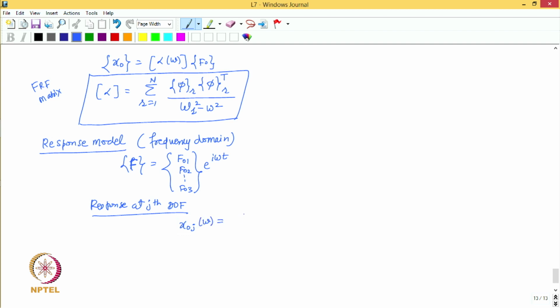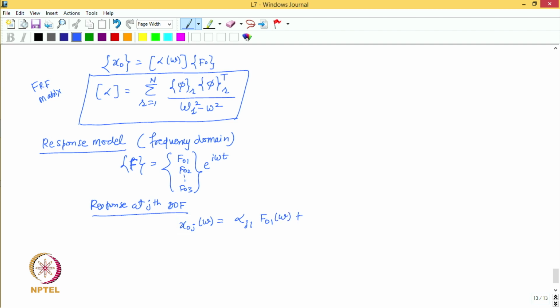This is equal to the response due to the force at the first degree of freedom, and that can be obtained by multiplying the FRF alpha j1 with the amplitude of the force at the first degree of freedom. So, this is at frequency omega.